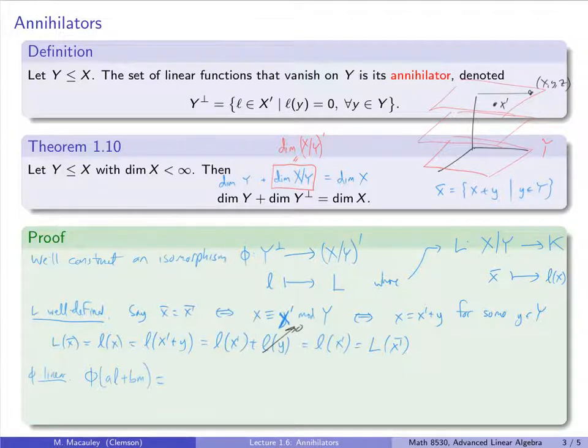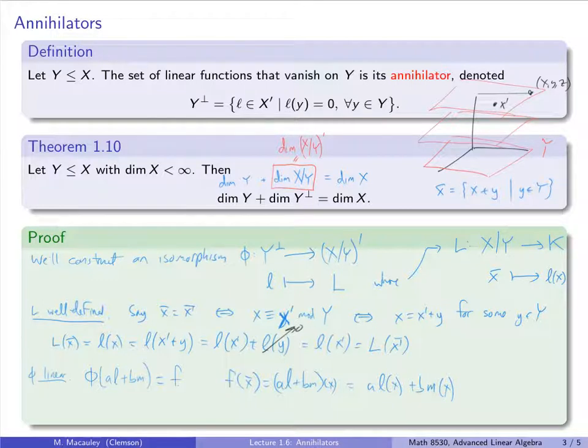So this sends it to F, where F of x bar equals AL plus BM of x, which is AL of x plus BM of x.